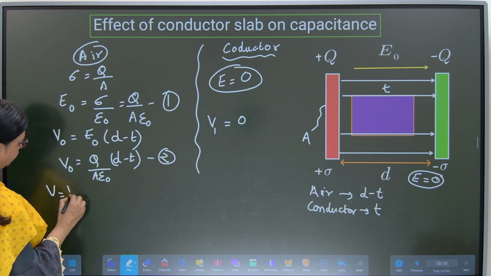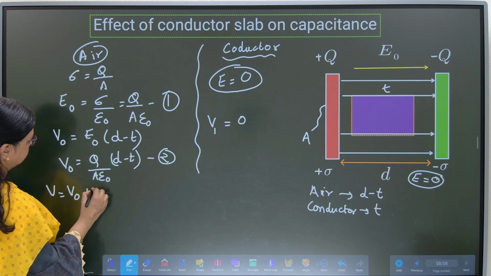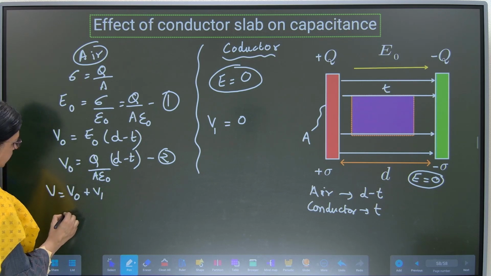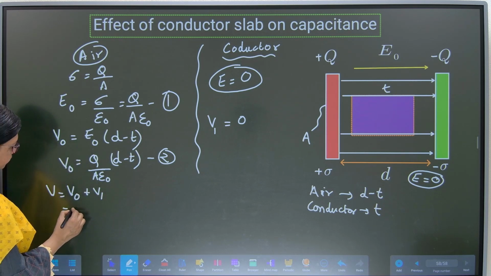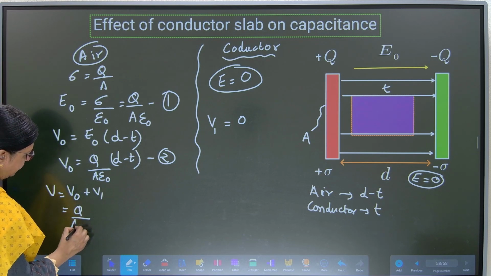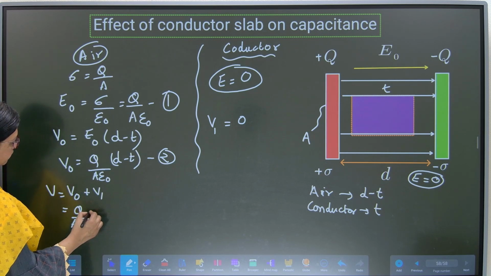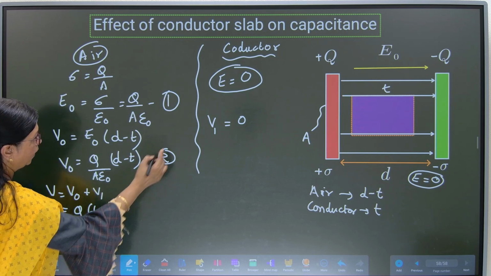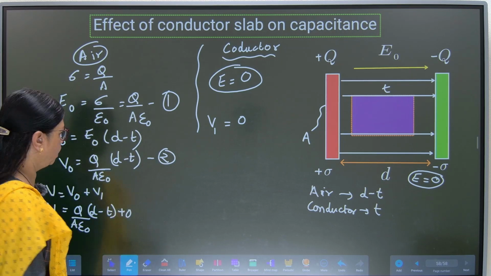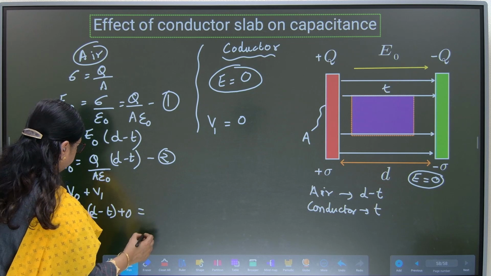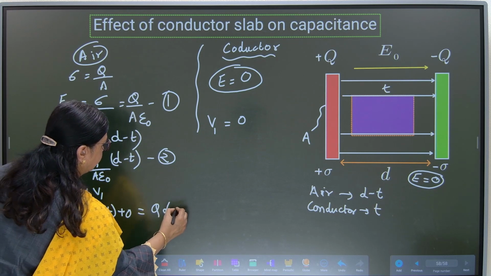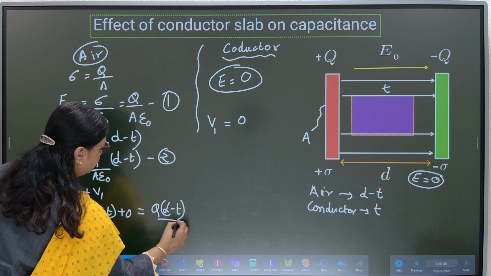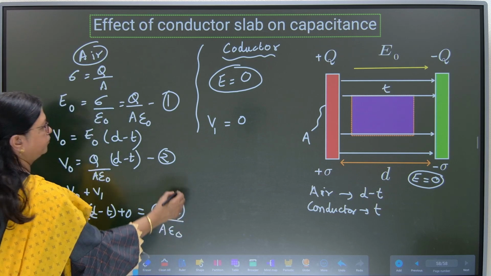V is equal to V naught plus V1. Let me substitute V naught: Q upon A epsilon naught into D minus T. Let me substitute V1: 0. So we can write V is equal to Q into D minus T upon A epsilon naught.